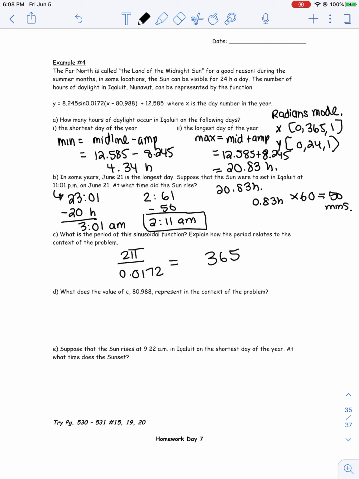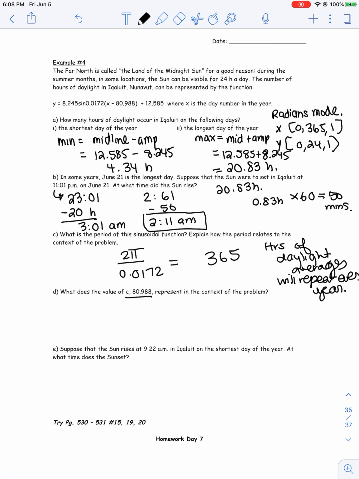Well, the hours of daylight will repeat every year, because that's 365 days in a year.